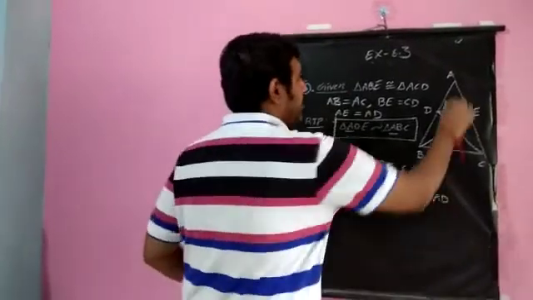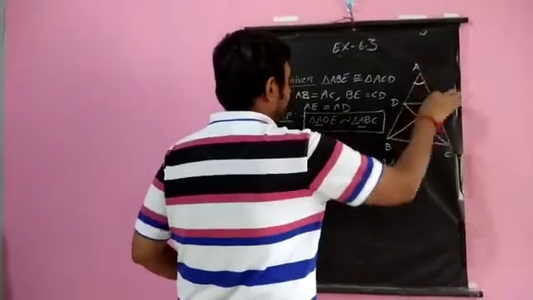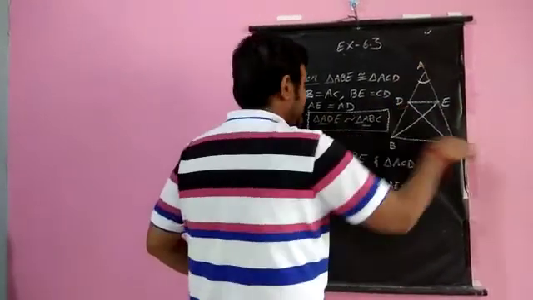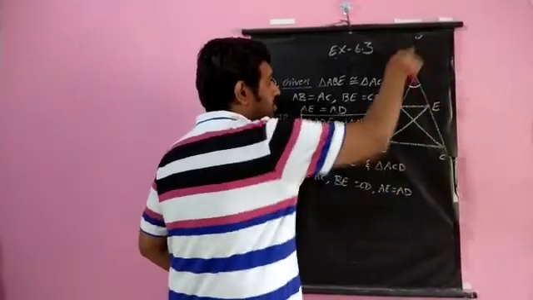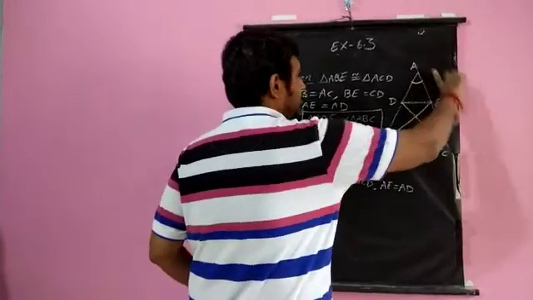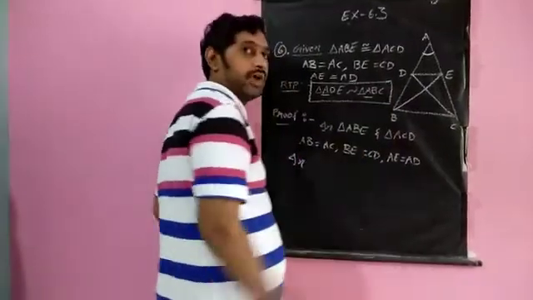The common angle we have is angle A. Angle A is present in triangle ADE, which we have in our RTP, as well as in triangle ABC. So angle A is common, and the ratio of the sides is also equal. So side angle side we can apply, because the ratio of the sides will be equal to 1 if we divide them.